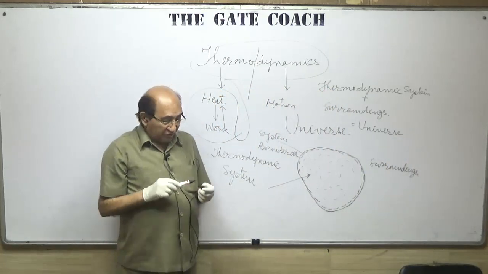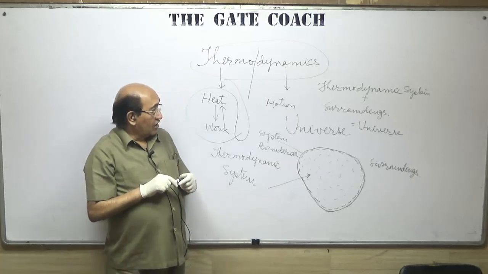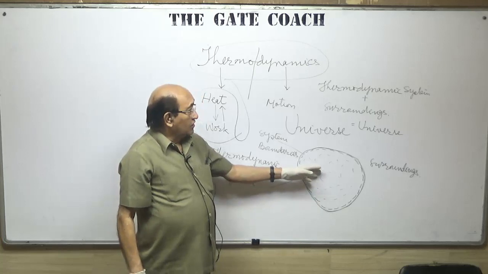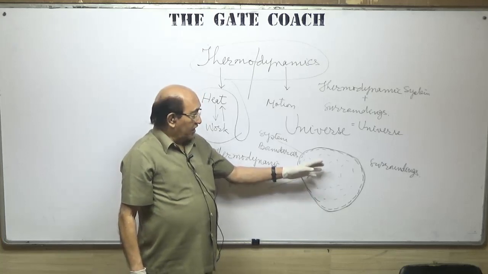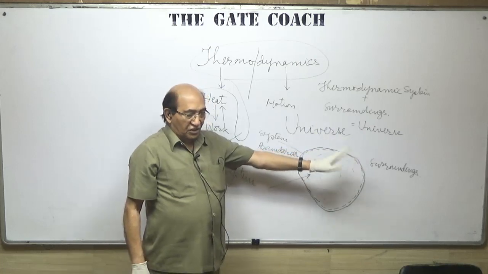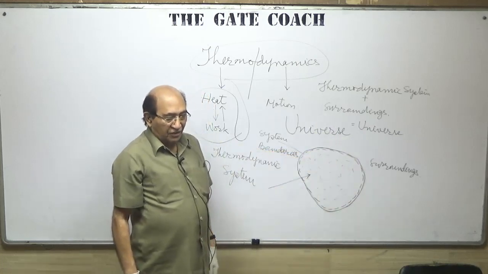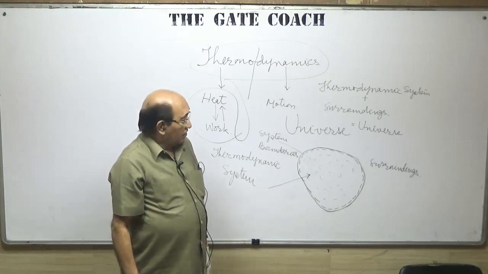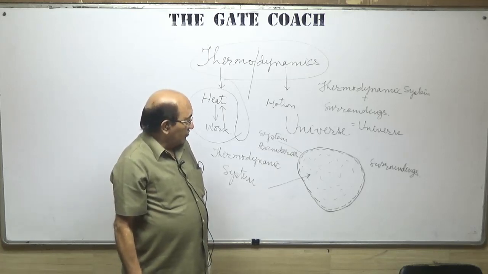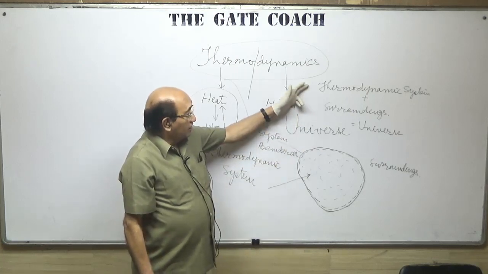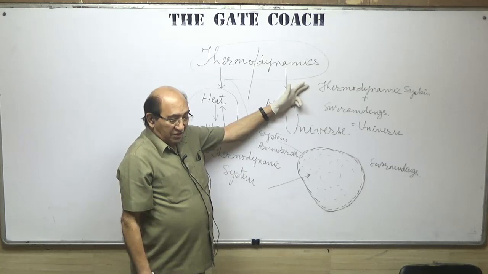That means out of this universe, I am interested to talk about my system, and everything external to the system, they are the surroundings for the system. This will mean all my attentions are focused to study on the thermodynamic system.